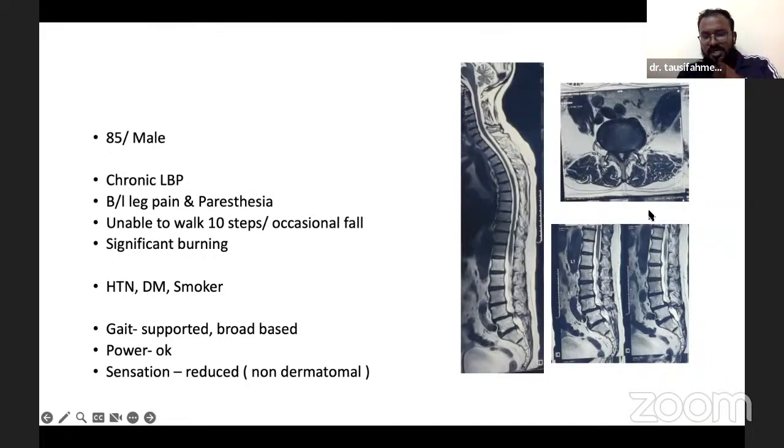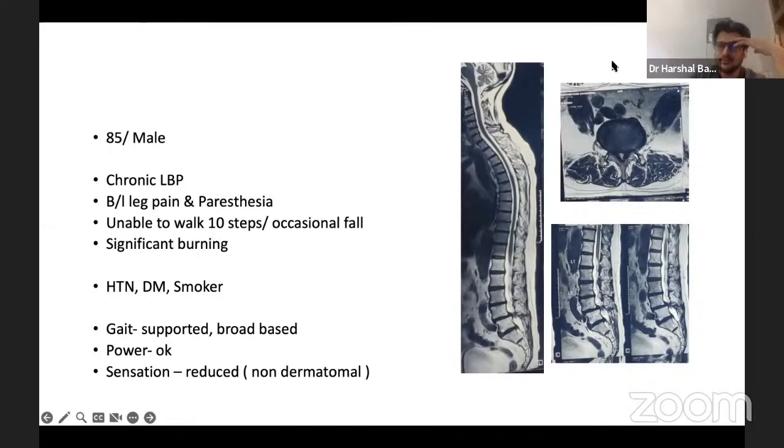But again, the burning in the feet and non-dermatomal distribution point me towards some peripheral neuropathy, and I would like to rule it out first since he is diabetic, which is one more pointer towards diabetic neuropathy.